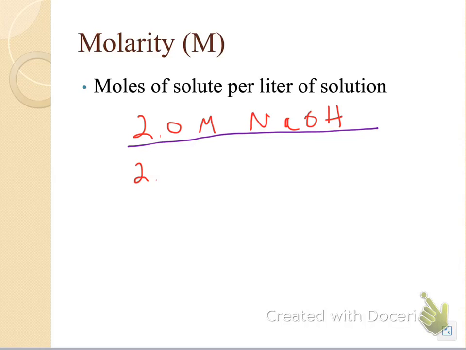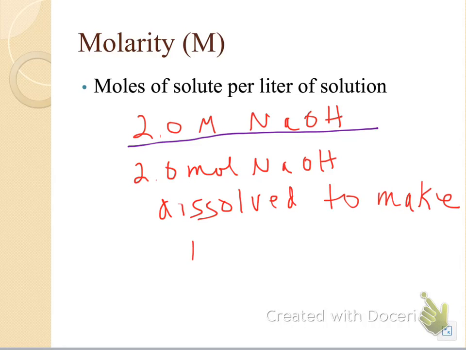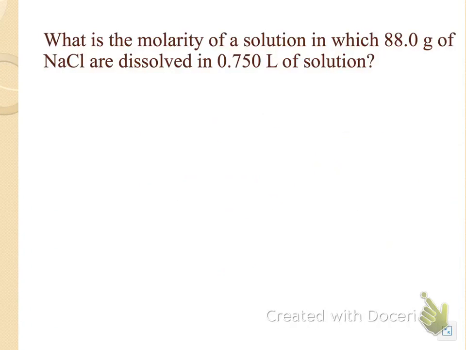What that says is I have 2.0 moles of sodium hydroxide that is dissolved in water to make 1 liter of solution. I don't add a liter of water, but in total I have 1 liter of solution. And if I put an aq here, then of course that means it's an aqueous solution. And generally, almost all our solutions are aqueous, and a lot of times we get a little lazy and don't put the aqueous there.